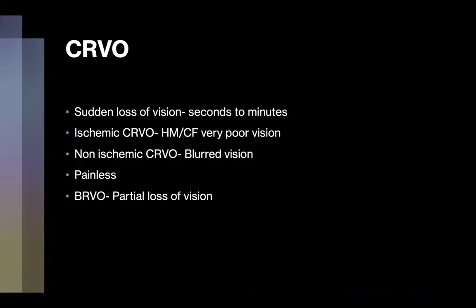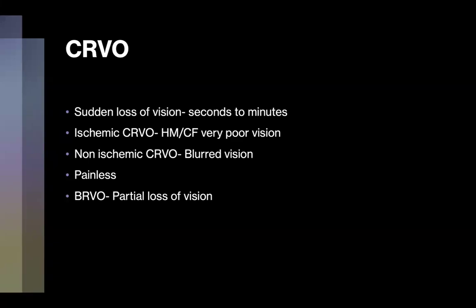CRVO again causes sudden loss of vision, painless. It is broadly divided into ischemic and non-ischemic central retinal vein occlusions. The ischemic type is the more damaging one. It causes rapid dramatic reduction of vision from 6/6 to hand movements, very poor prognosis.